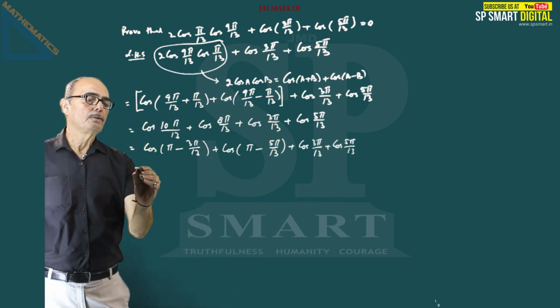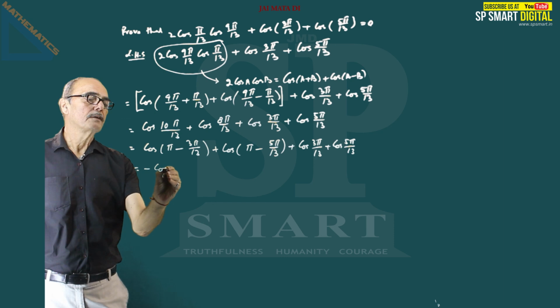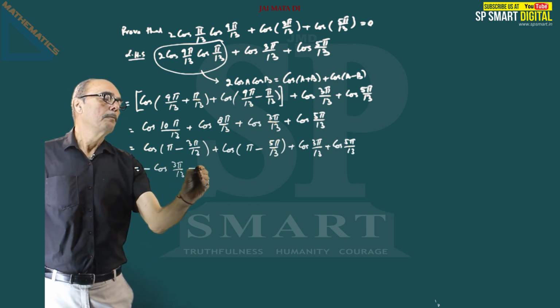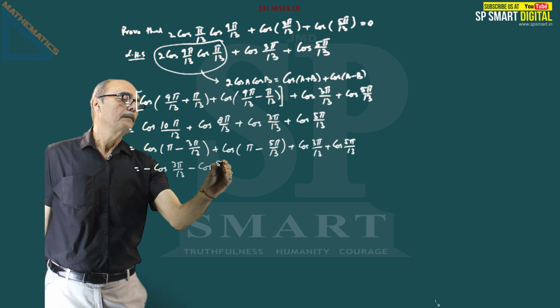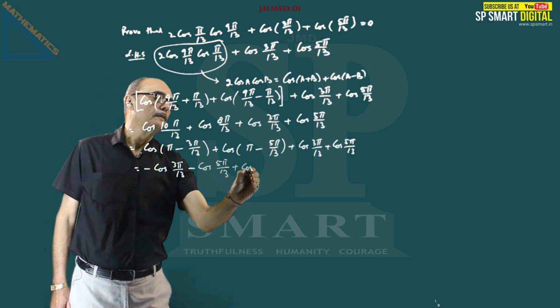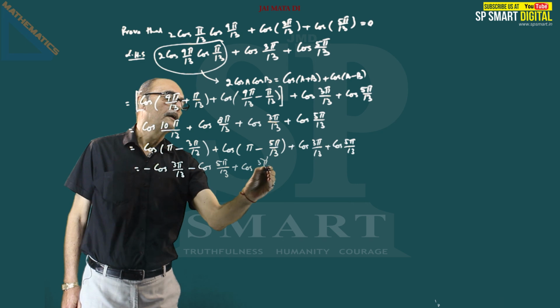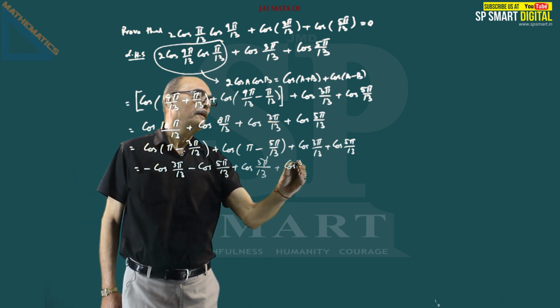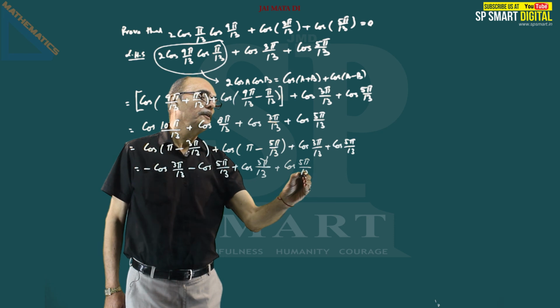So, this is equal to minus cos of 3 pi by 13 minus cos of 5 pi by 13 plus cos of 3 pi by 13 plus cos of 5 pi by 13.